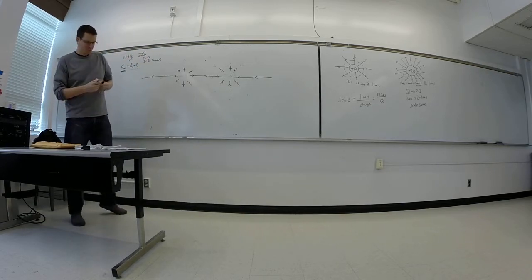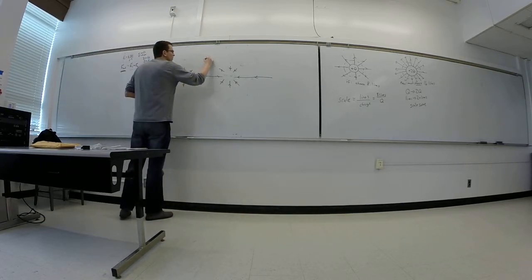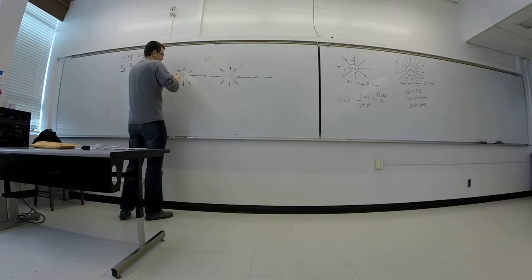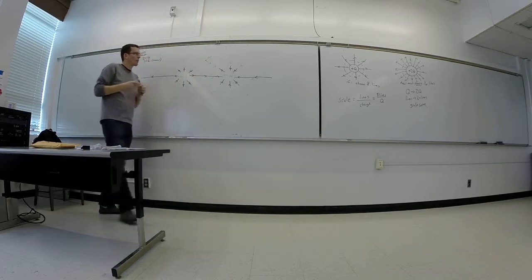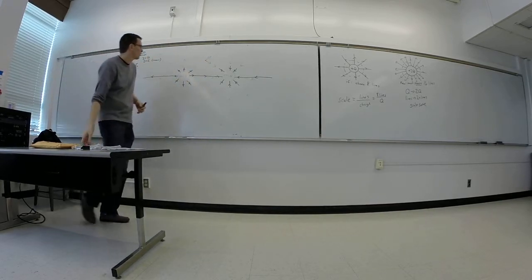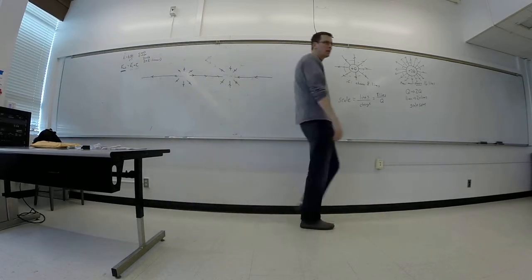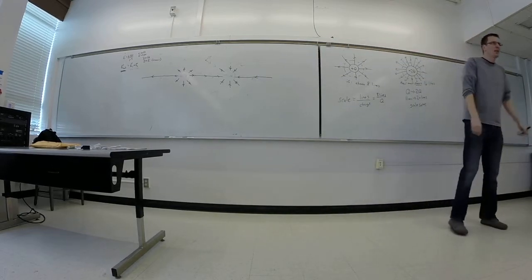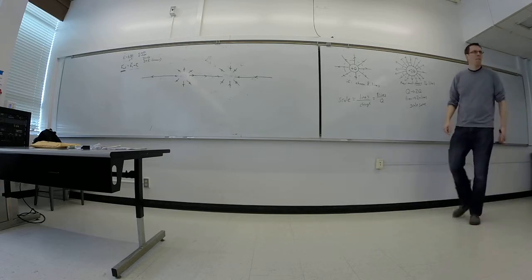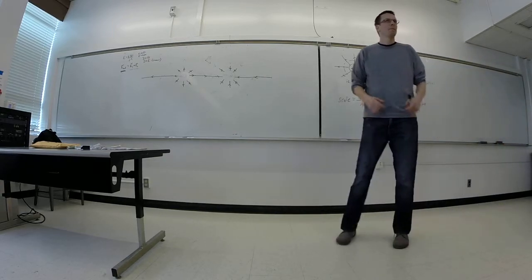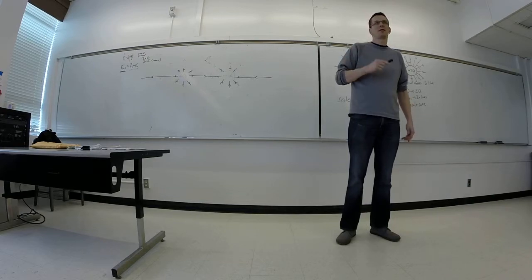And the two field contributions, the red looks like this, the green looks like this. Now, if we don't worry about the directions for a moment and just think of the sizes of those vectors, how do the sizes of those two vectors compare? The same, that's right.